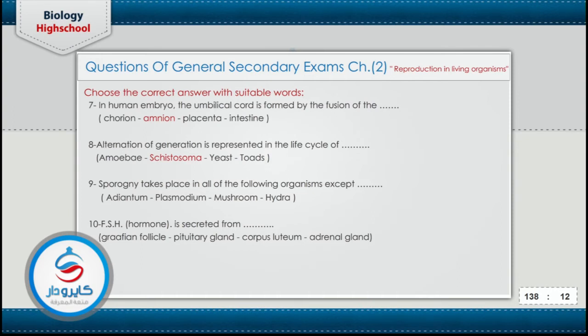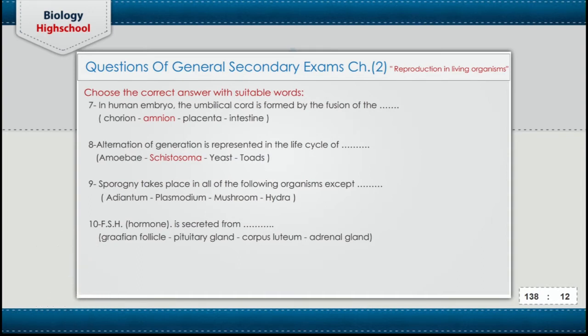Sporogony takes place in all of the following organisms except. Sporogony means the reproduction by the production of spores. In Adiantum, the reproduction takes place by spores. So sporogony takes place in Adiantum. Also Plasmodium, which causes malaria, forms sporozoites as a result of sporogony, which is a kind of asexual reproduction that takes place inside the female Anopheles mosquito.